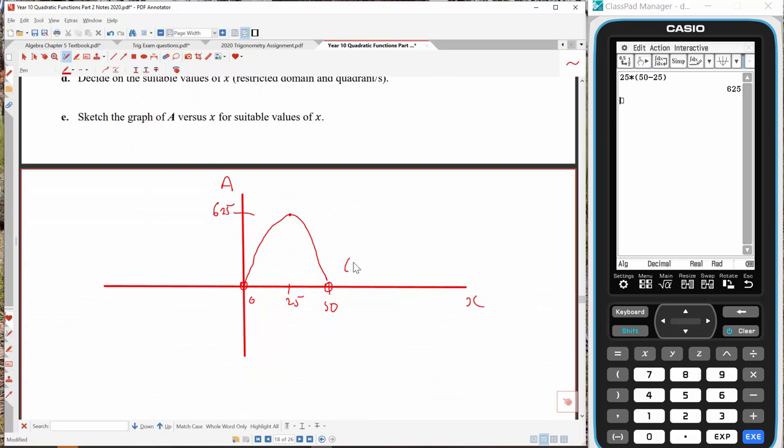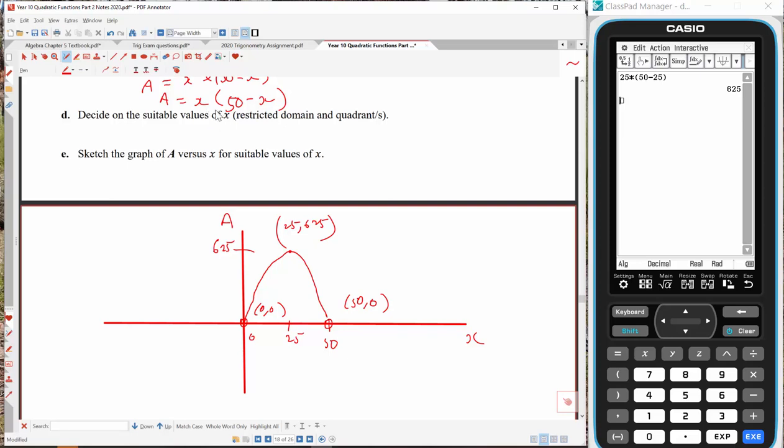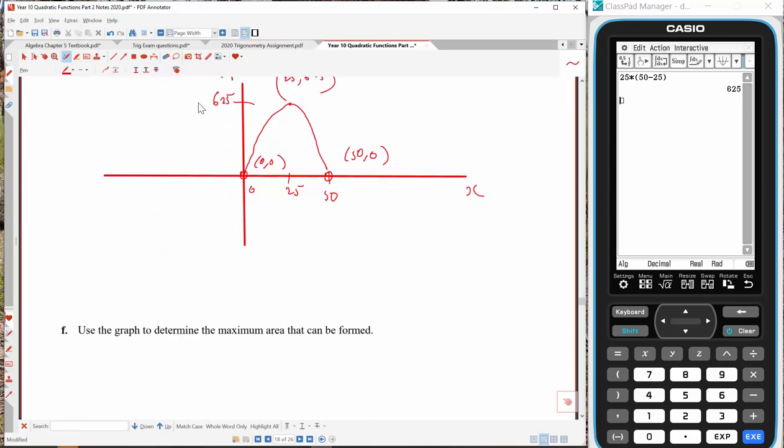Now let's label our key features, which is 50, 0, 0, 0, which is at the origin, 25, 625, and we've got everything we need. So decide on the suitable values of x. What we're going to do is say that we've got 0 less than x less than 50 as the domain. They're the suitable values for x.